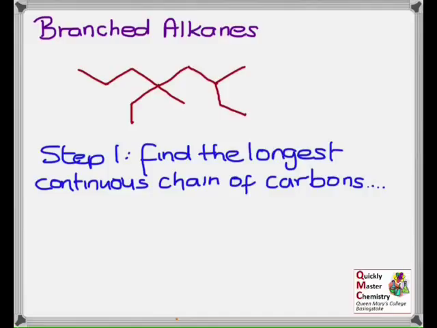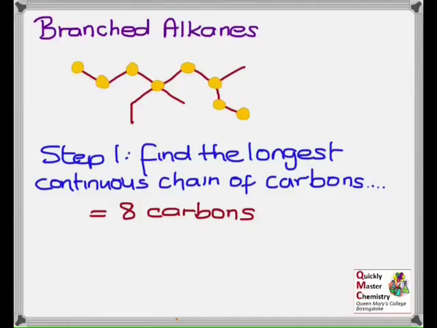When we say continuous, that means that you could sort of trace the chain with your pen without taking the pen off the page. And a very important point to note here is you're not just looking for a straight horizontal chain as the longest chain, but chains can bend and twist and go around corners. In this case, if we mark out the carbons highlighted in yellow, we find that there is 8 carbons in the longest chain.